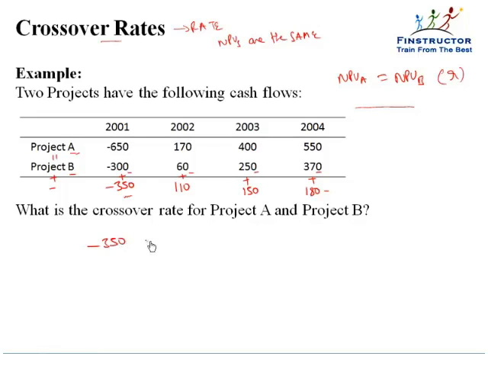If the present value of these differences sums up to 0, then at that rate the NPV of both project A and project B would be the same.